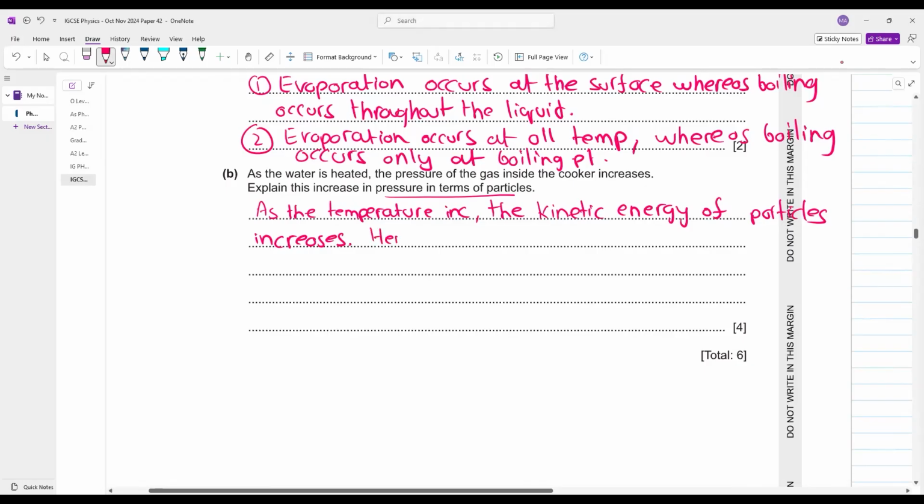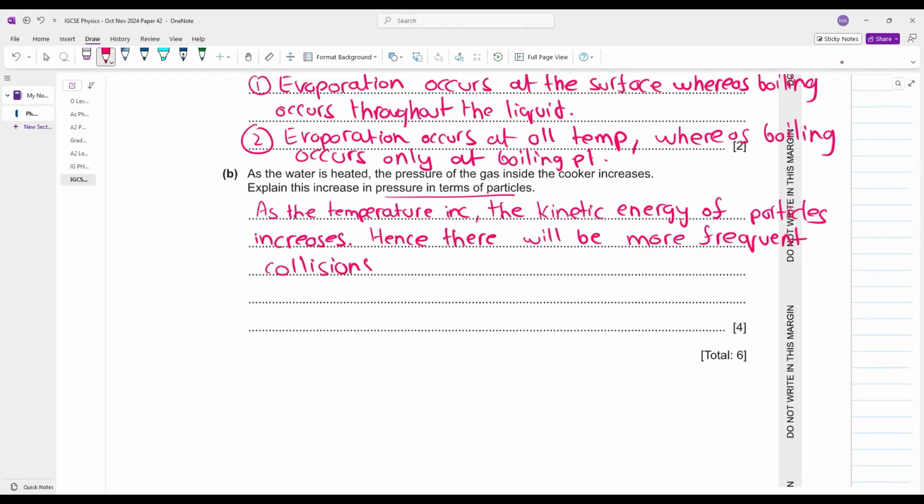Hence, there will be more frequent collisions between the particles and the walls of the cooker.